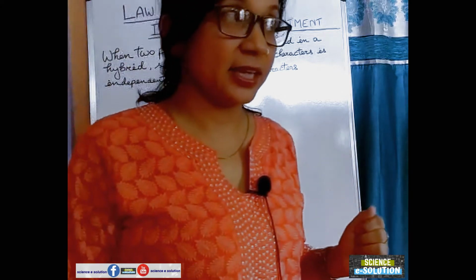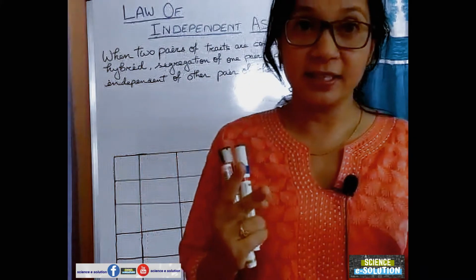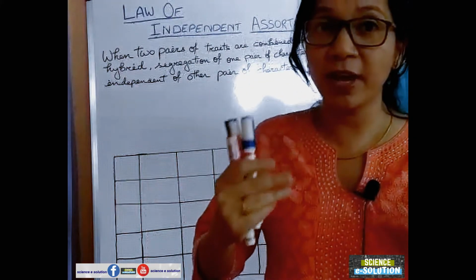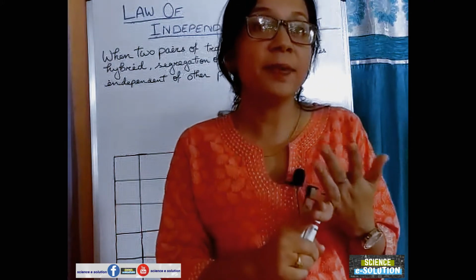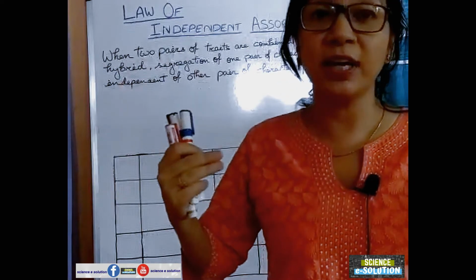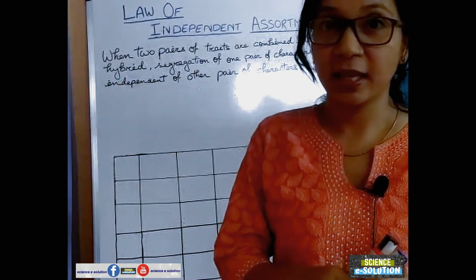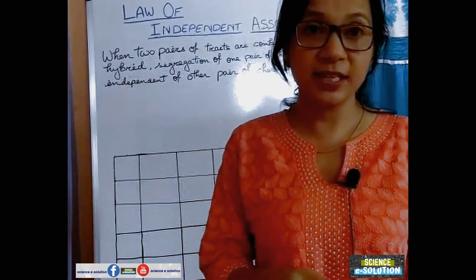That means when we observe two pairs of characters generation after generation, one pair is segregated independently of the other pair. You will get this point more clearly after I give this example.